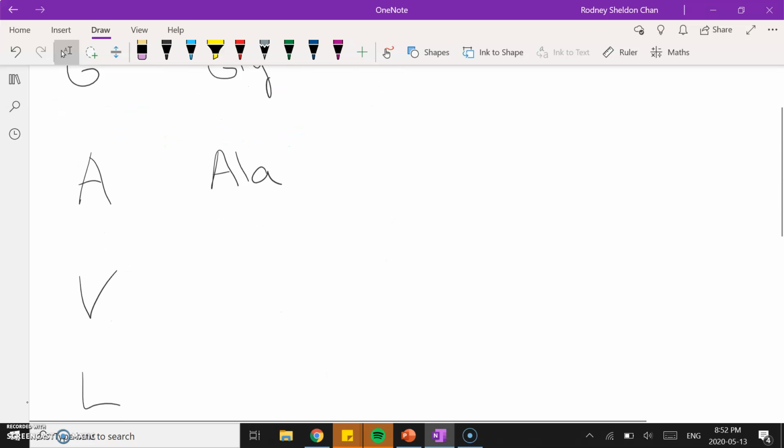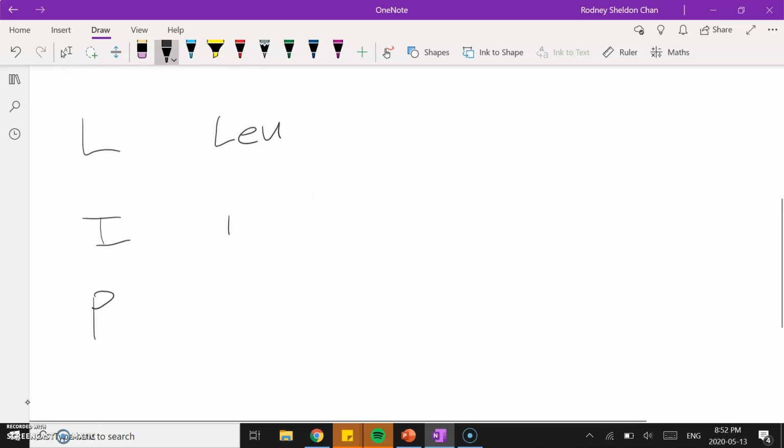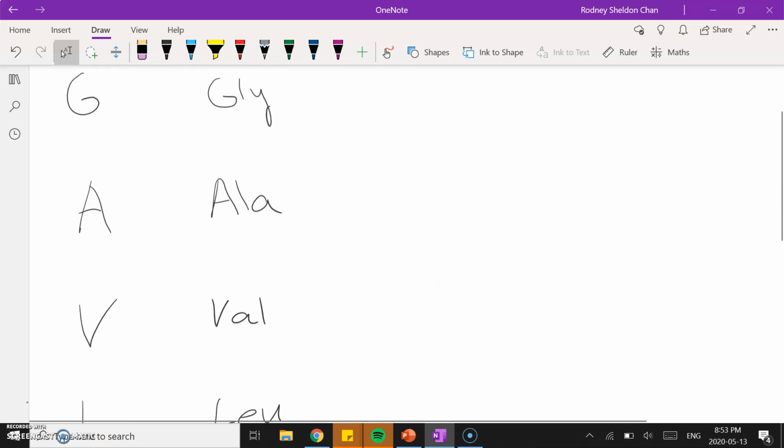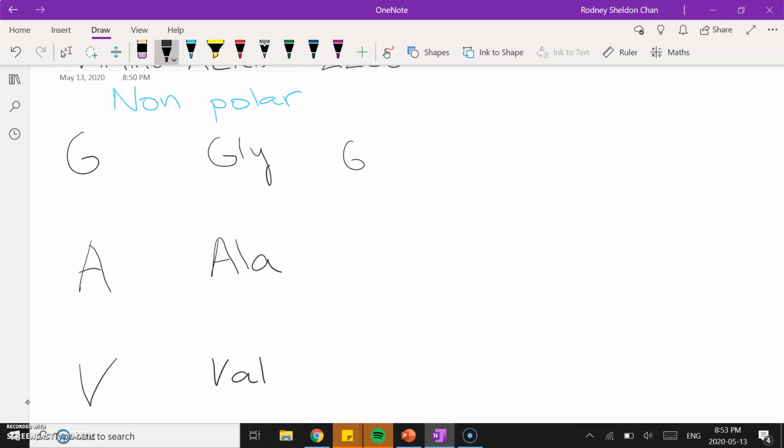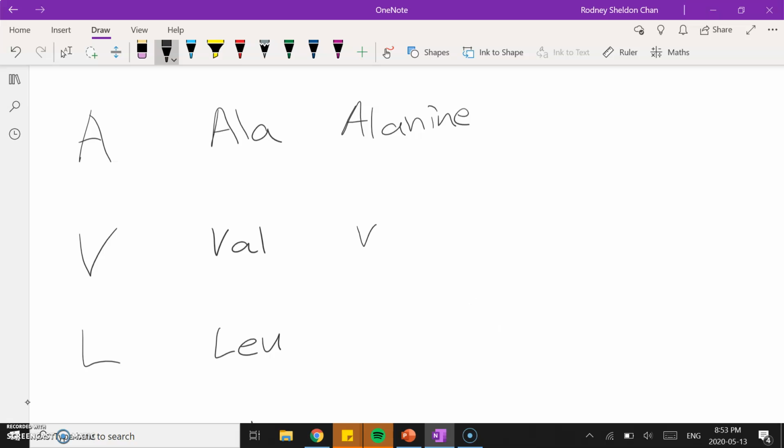Just make it really funny so you can retain it in your head. This is more of an exercise I want you guys to do, to be able to memorize all of these in the chart. You want to make up your own ways to memorize.